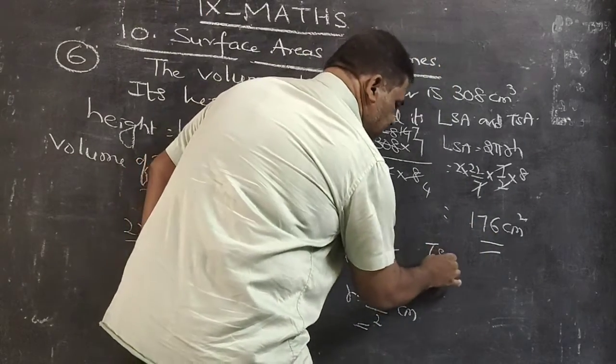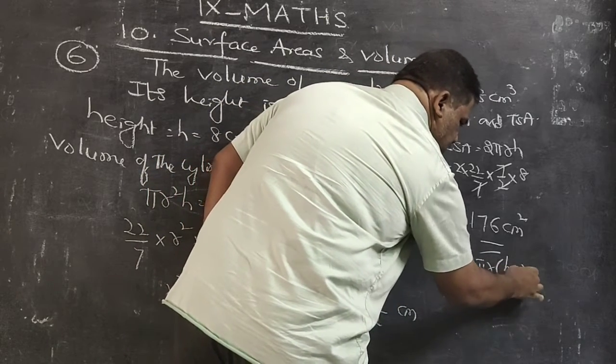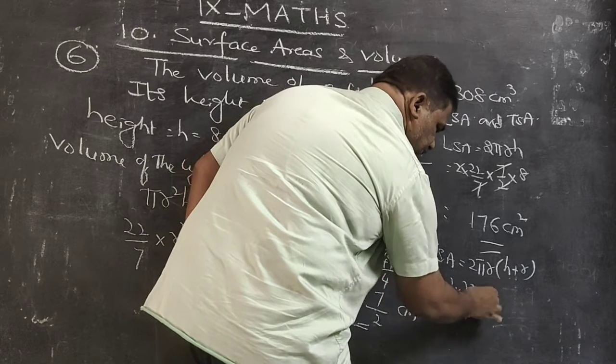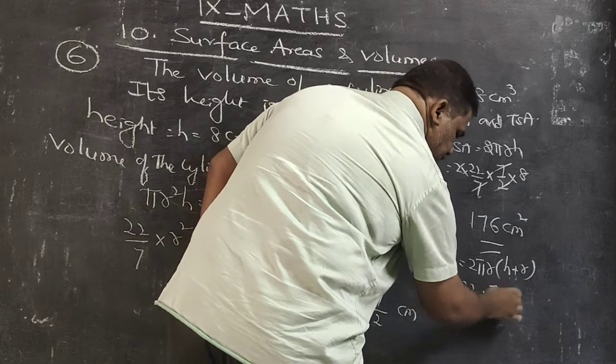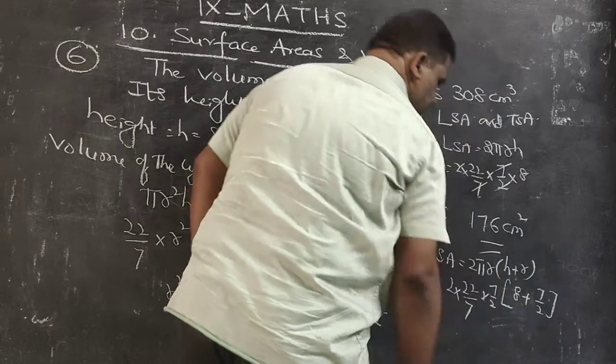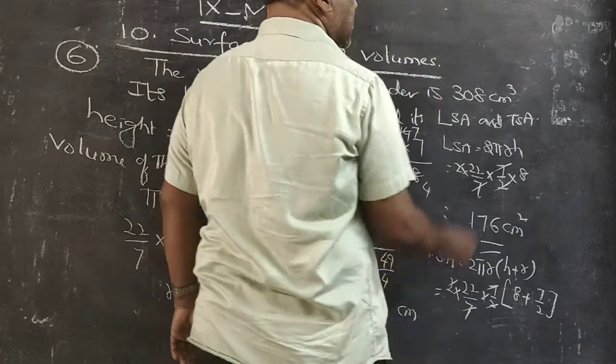Now total surface area of the cylinder formula is 2 pi r into h plus r. 2 into 22 by 7, radius is 7 by 2, height is 8, radius is 7 by 2. This 2 you can cancel, 7 also you can cancel.